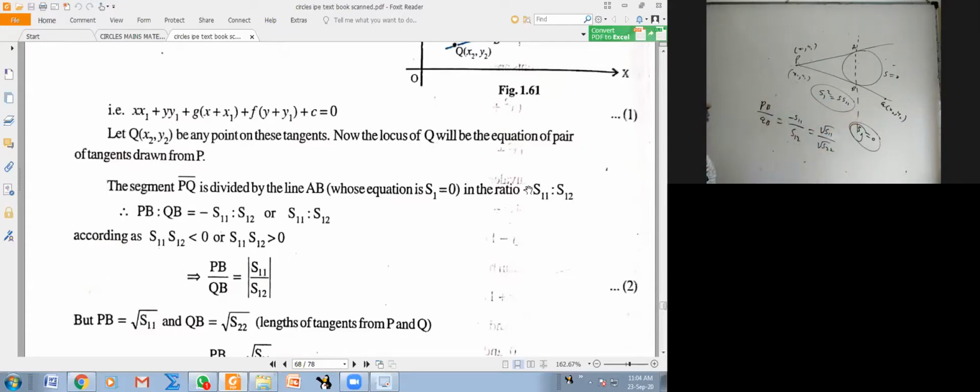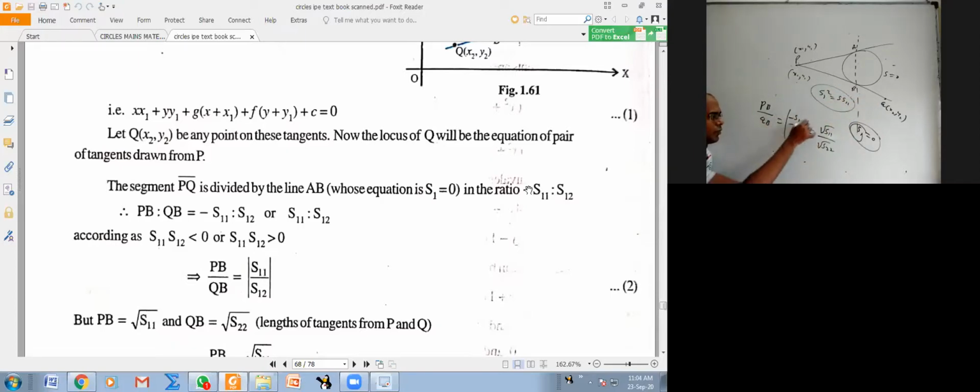B will divide these two internally in the ratio. Why did I get minus, by the way? S1 equal to 0, they're on either side. Okay. But S11 is positive. S12. Yeah. Well, anyway, we'll only take the mod part just for length. Okay. Depending on, because sometimes point Q may be here, this may be dividing externally, for that reason, but otherwise not an issue.